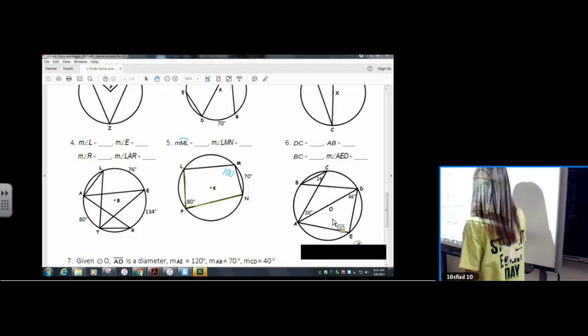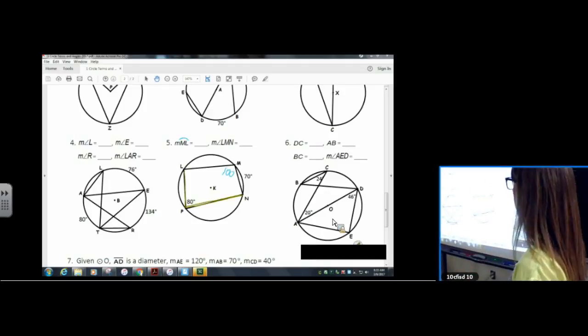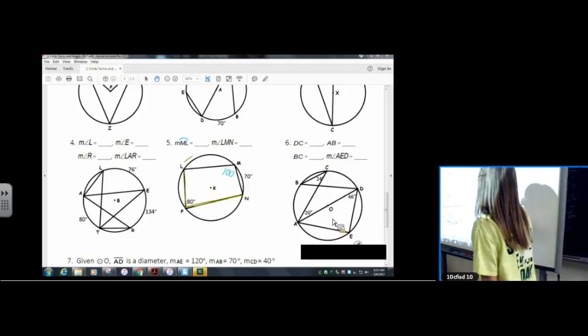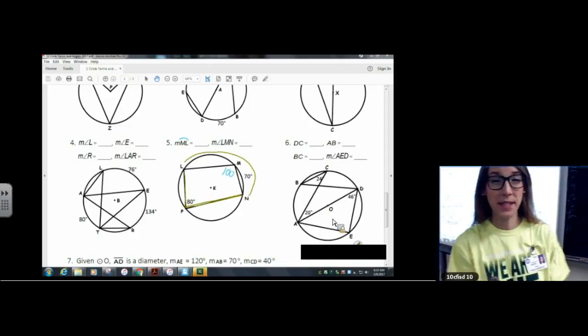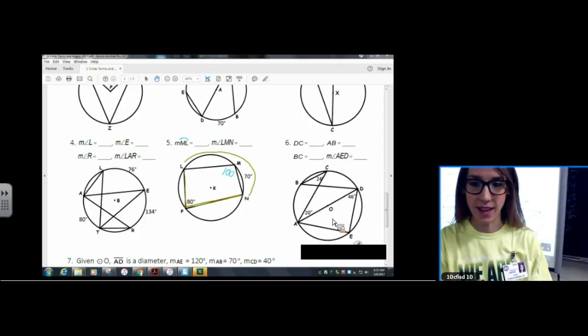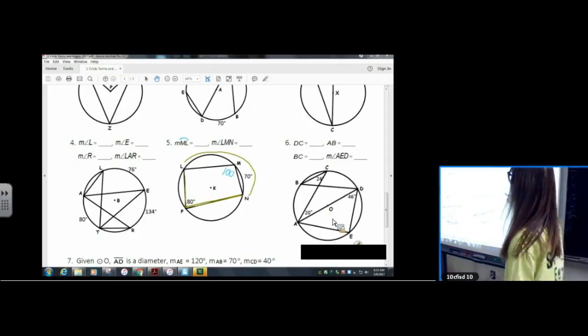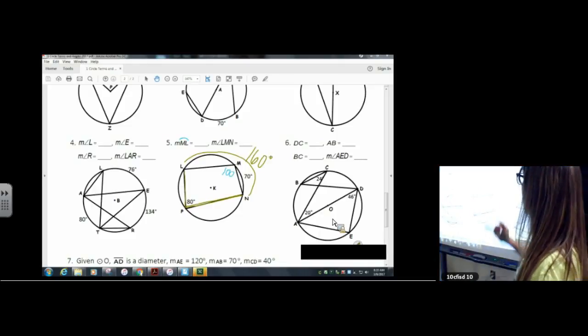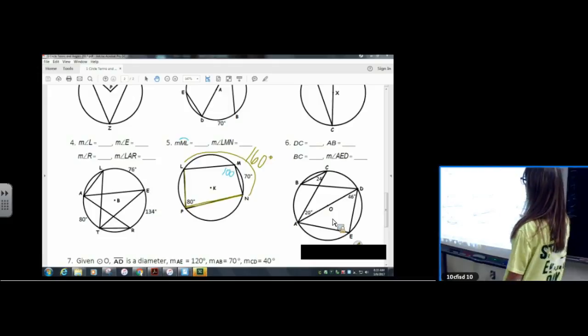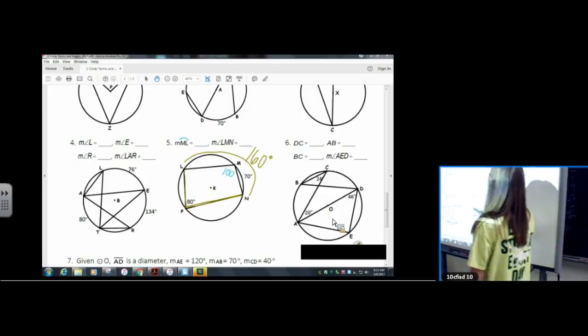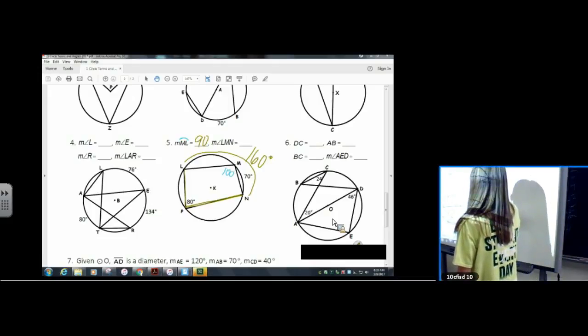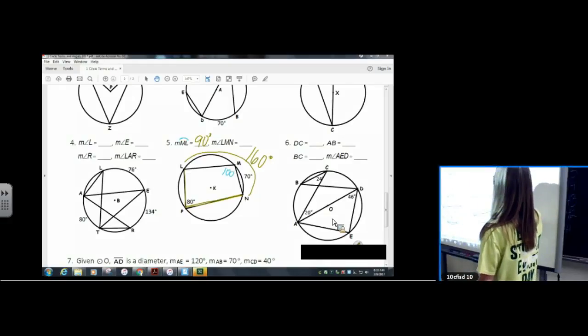Inscribed angles are half of their intercepted arc. The opposite of halving something is doubling something. So 80 doubled is 160. And I know I've used up 70 degrees of that 160. So 90. Done.